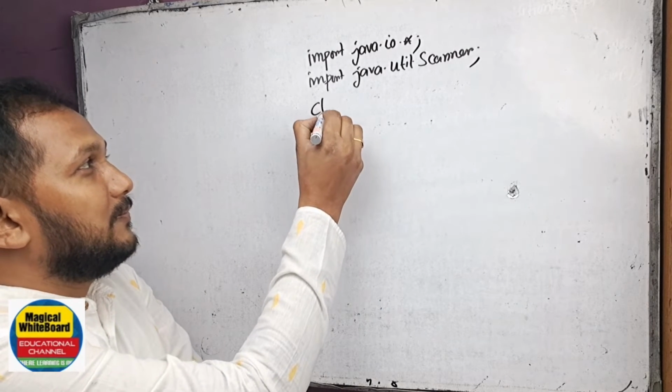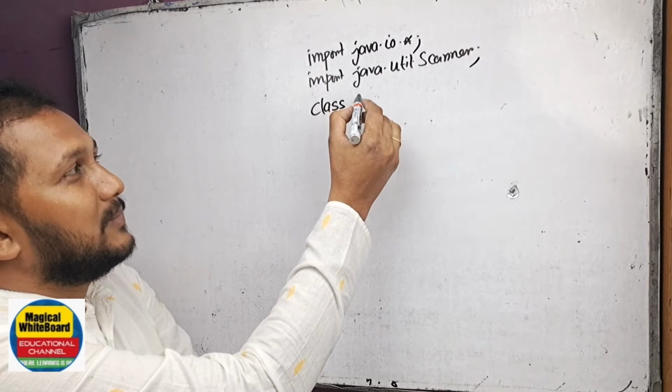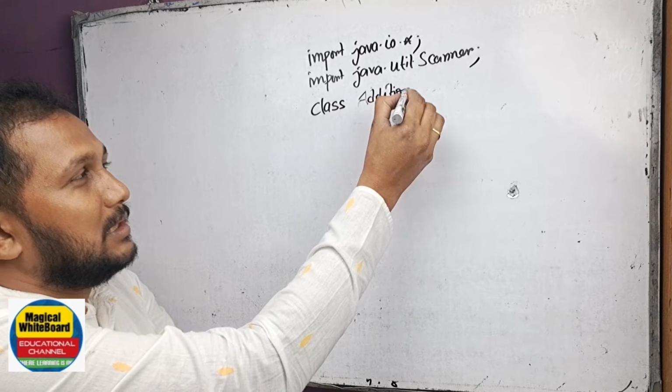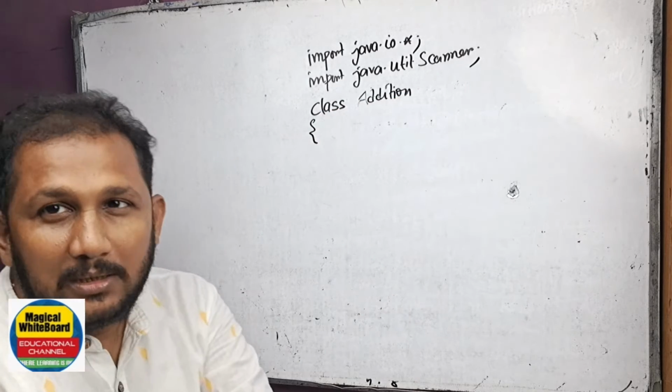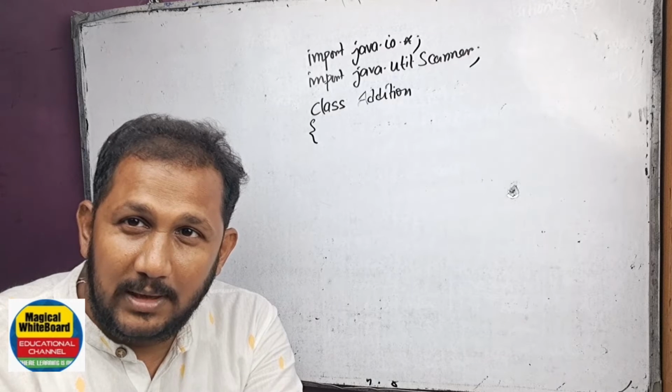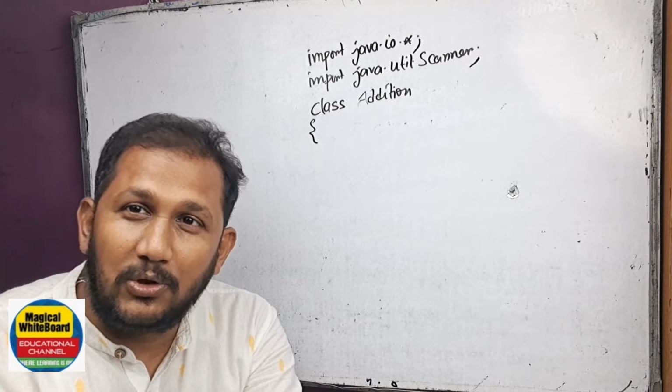Now the class name is, suppose, Addition. Within the class, when the name of a function is the same as the class name, then it is called a constructor.